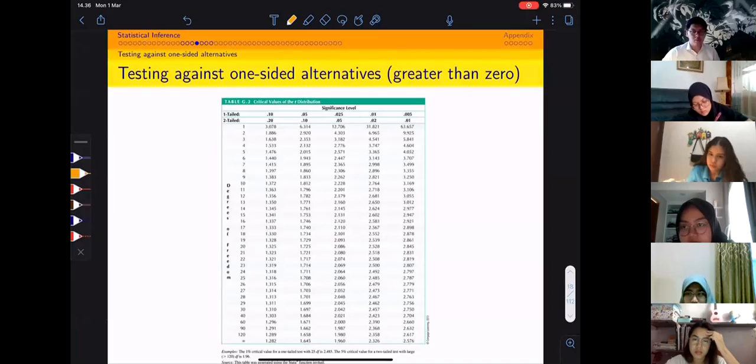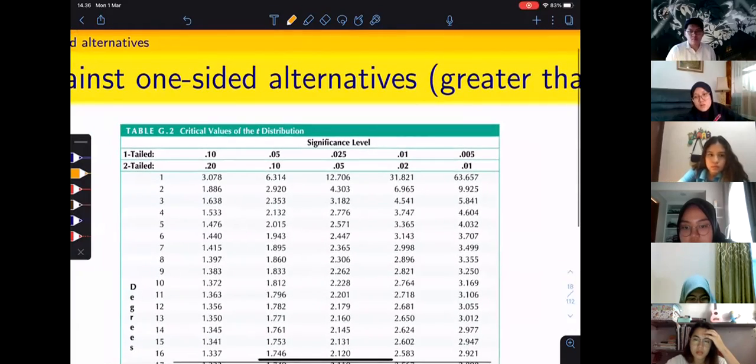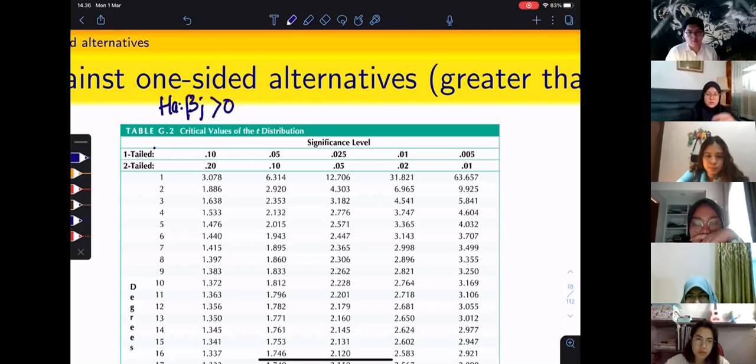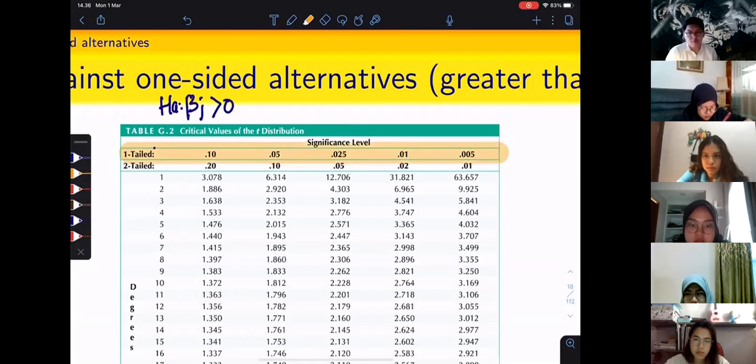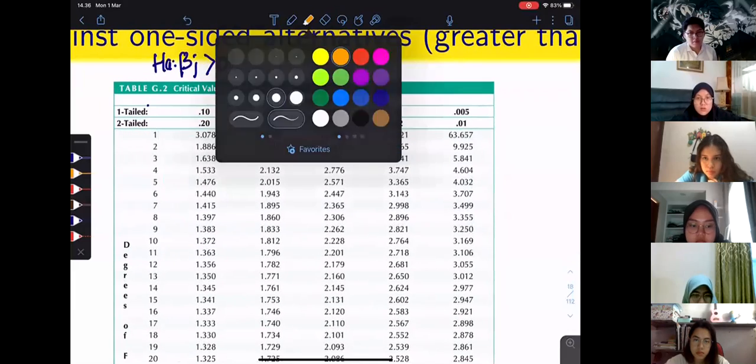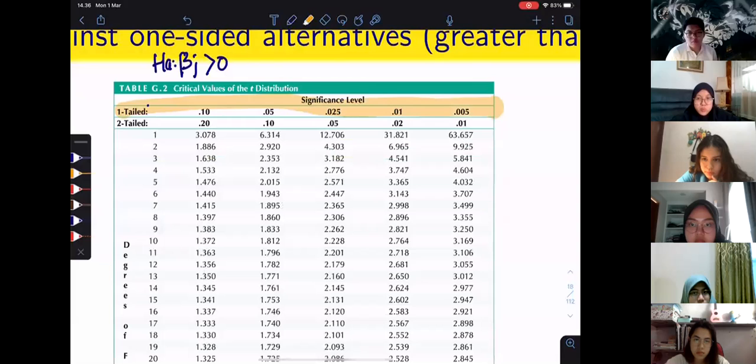The first thing you want to do is identify whether it's a one-sided or a two-sided alternative. Since the alternative is beta j is larger than 0, we use a one-tailed test, and so we refer to this particular row.